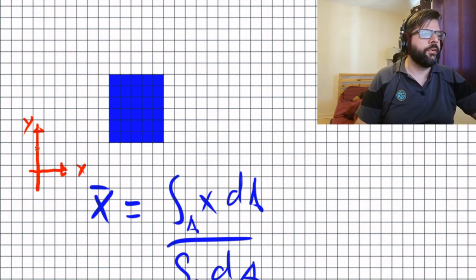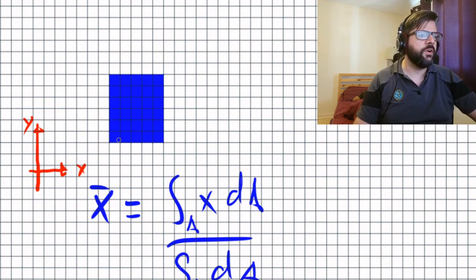The x portion is from the origin over to here, and the dA is just those tiny little blocks there.